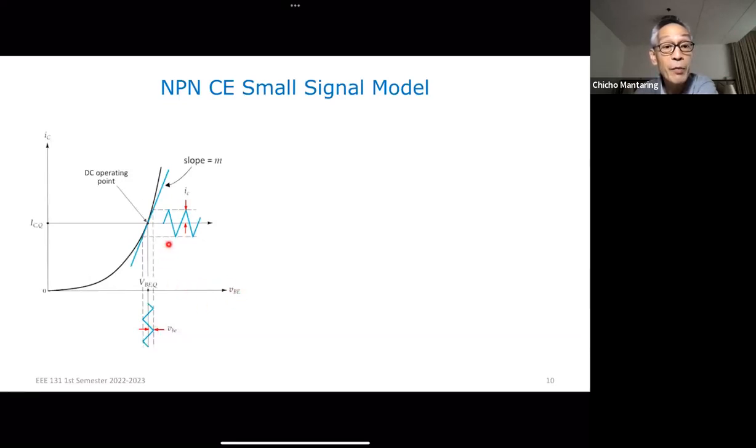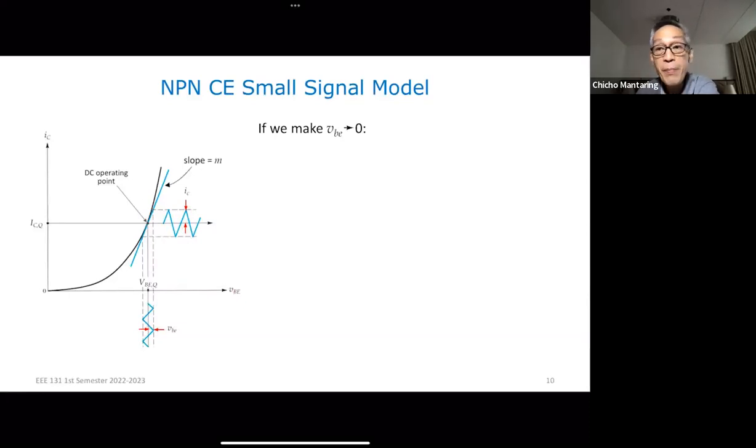That will create a positive increase in IC. So my output will swing from here up there. That is the resulting change in IC, I small letter c, with respect to a change in VBE, V small b small e.